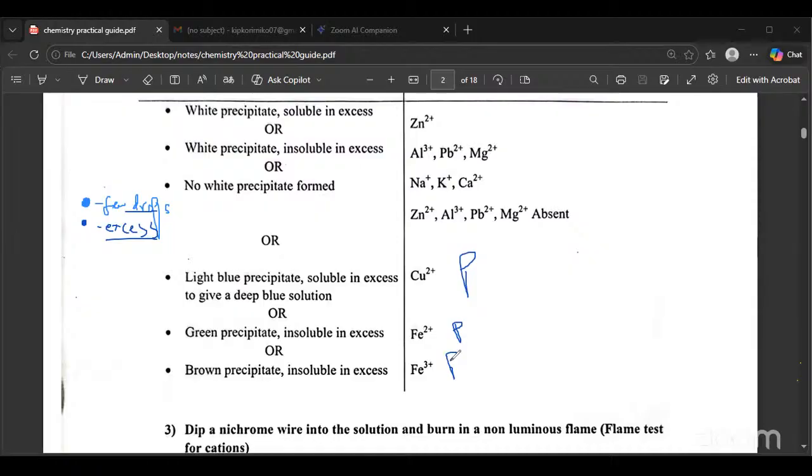Now, when we were in Form 4 salts, I thought about formation of zinc, why it is soluble. It is white precipitate because of formation of zinc hydroxide, which we said most of the hydroxides are insoluble.